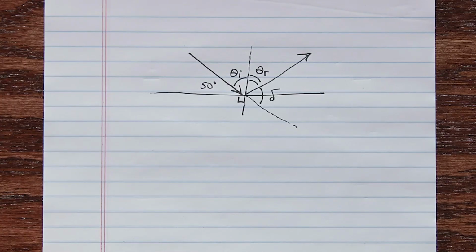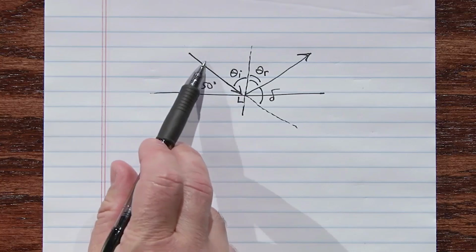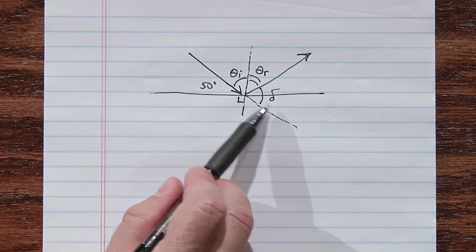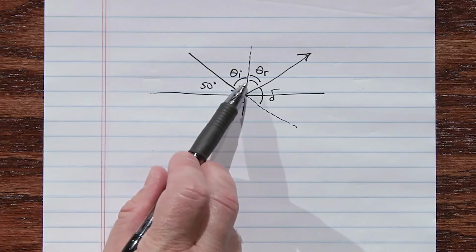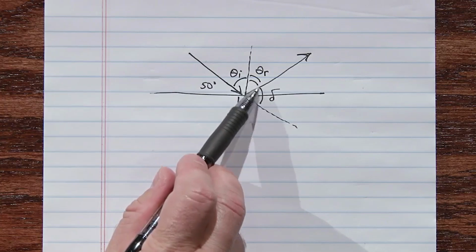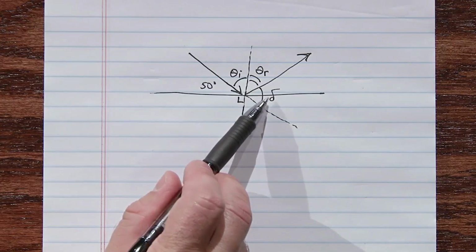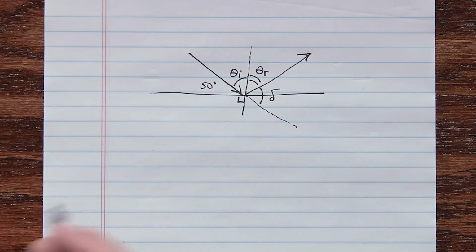Now, the first thing that we can see is that this is a straight line here, so theta incident plus theta reflected plus delta have to equal 180 degrees.